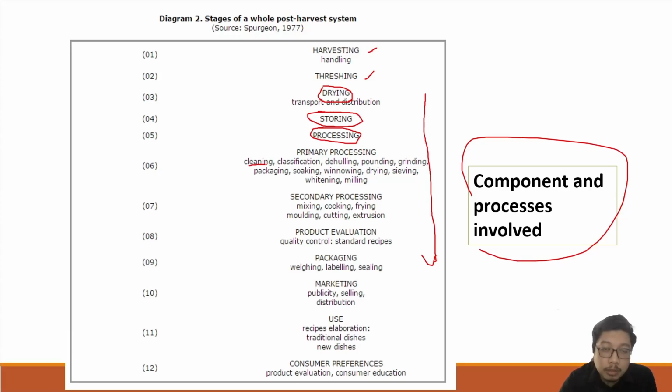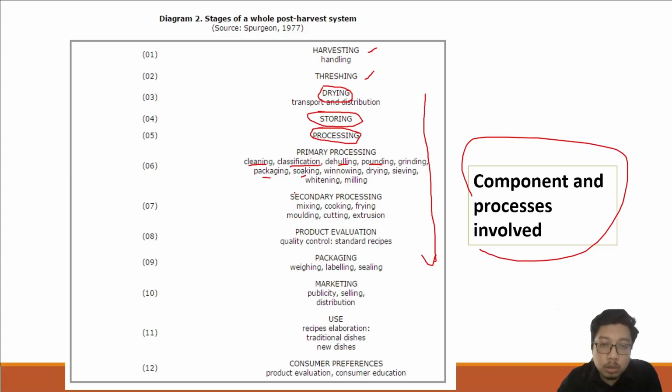Processing involves cleaning. It depends on the produce: is it sensitive to water or not? If it's sensitive, then a dry cleaning process will be conducted. And then classification and grading, dehulling, pounding, grinding, packing, soaking, winnowing, drying, sieving, and a lot of other processes here.